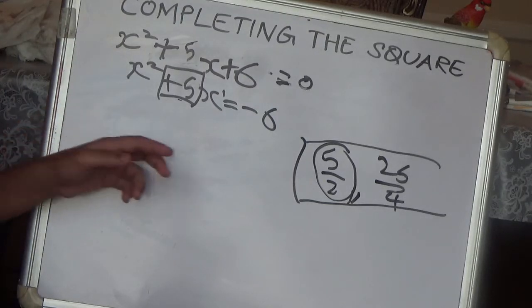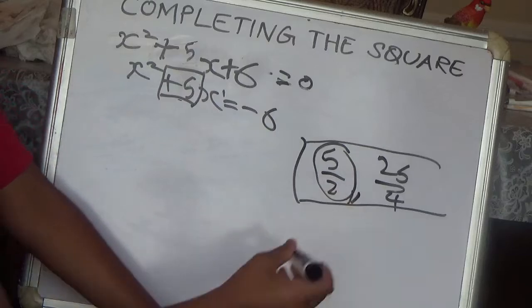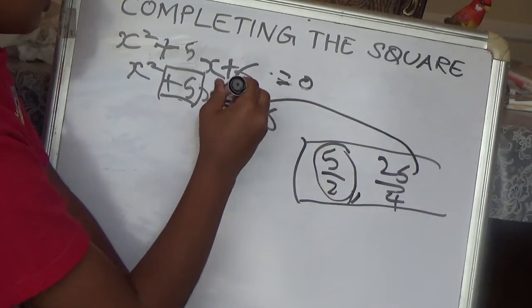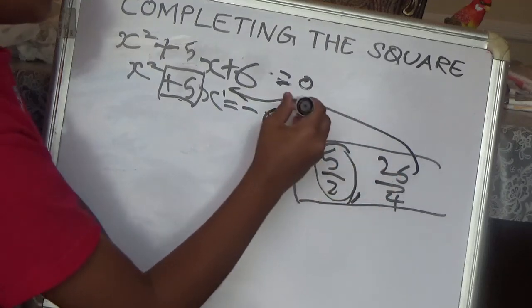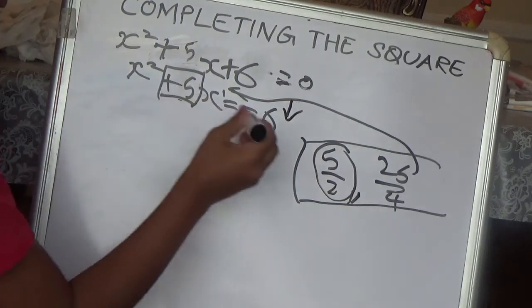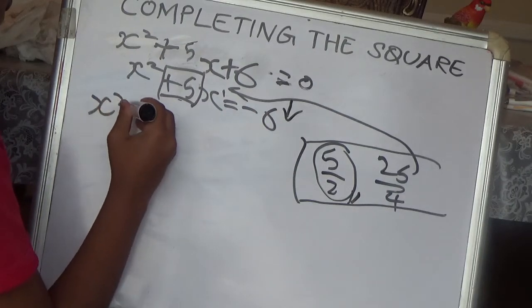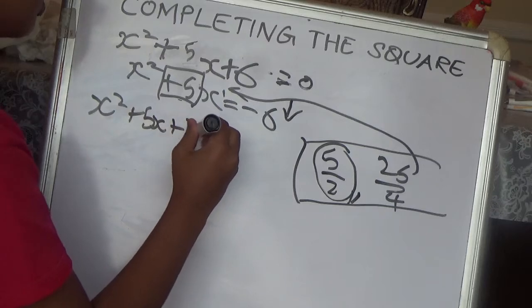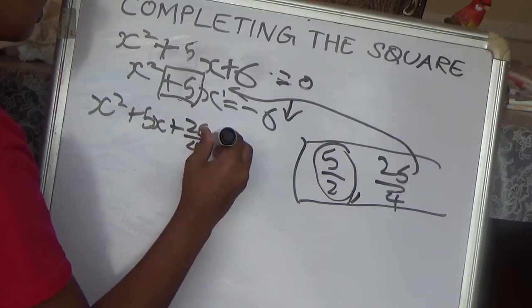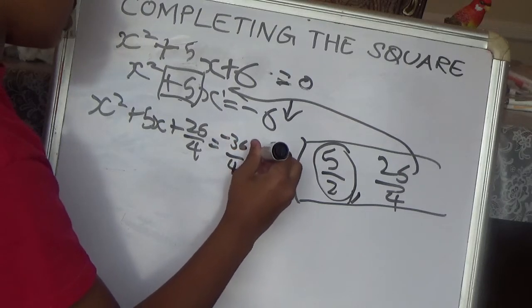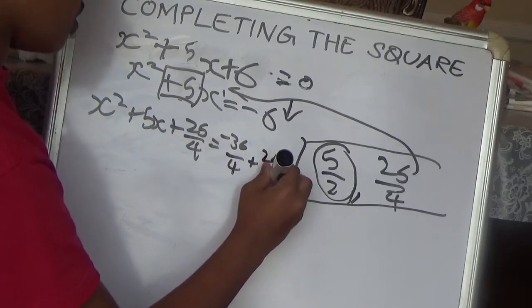Now you just add that term to the left side, and what you do to the left side, you add to both sides. So it's x squared plus 5x plus 25 over 4 equals -36 over 4 plus 25 over 4.